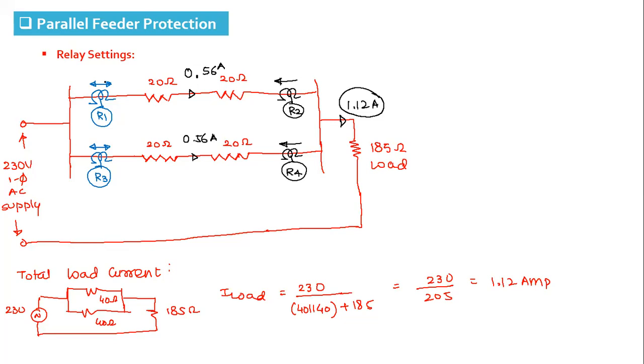Okay, CT ratios are 2/1. Let me write CT ratios are 2/1. Right? So what we can write? The pickup of R1 and R3 should be greater than this load current, 1.12 ampere.